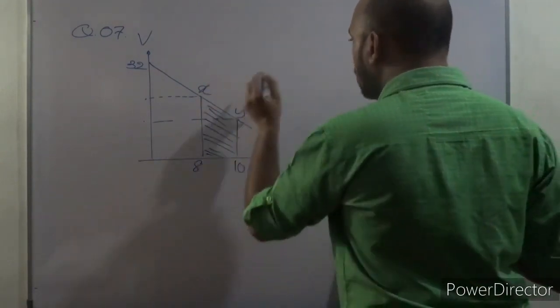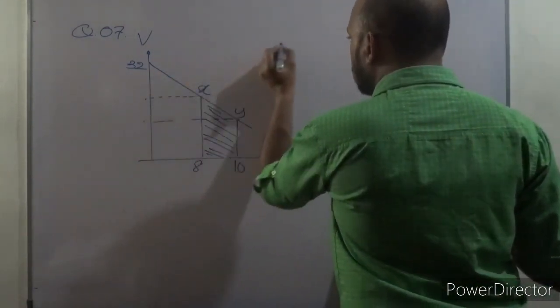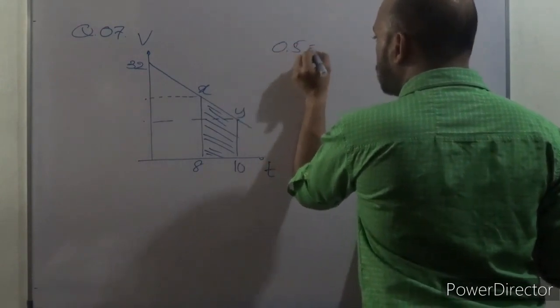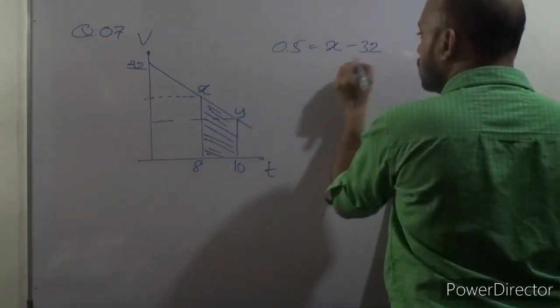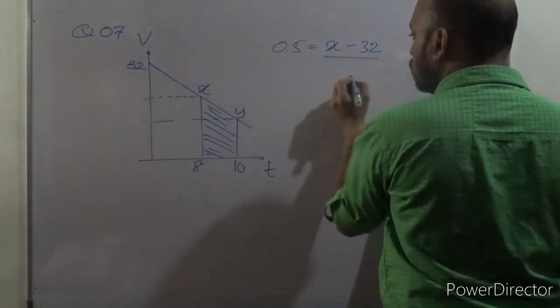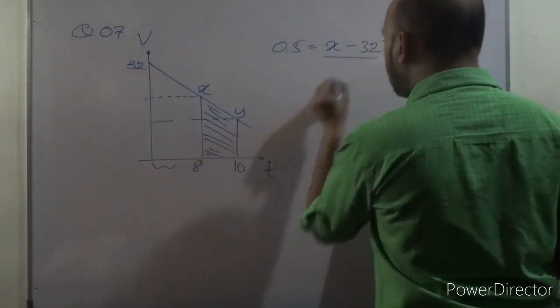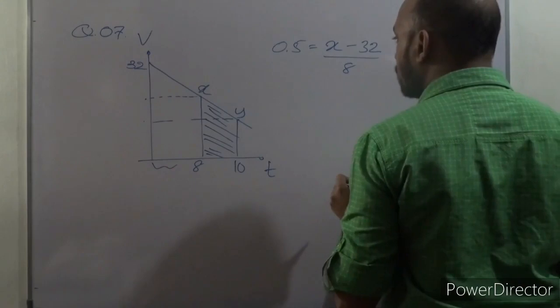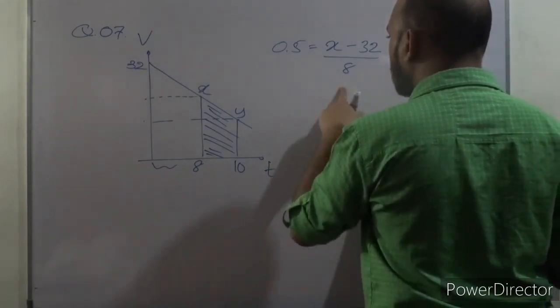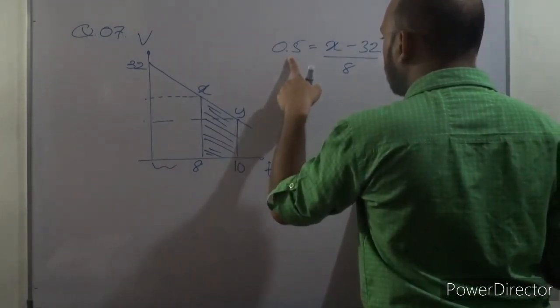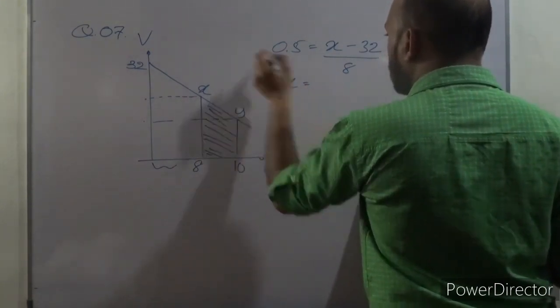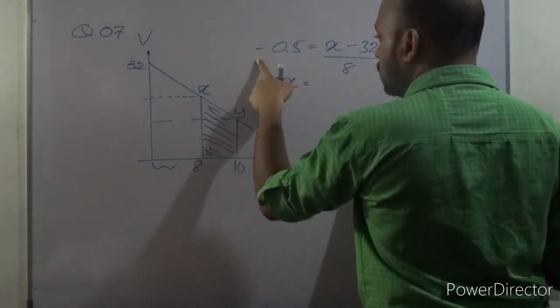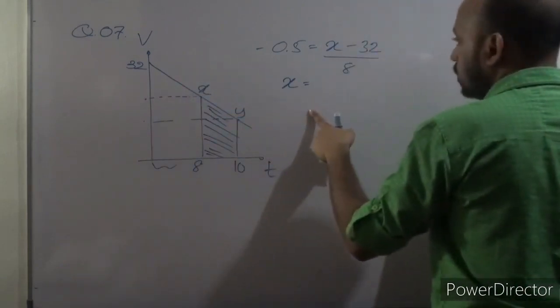So if we apply this, 0.5 equals x minus 32, over the time taken, here 8. So here it is 4, so x should be 32 minus 4, because it is deceleration.